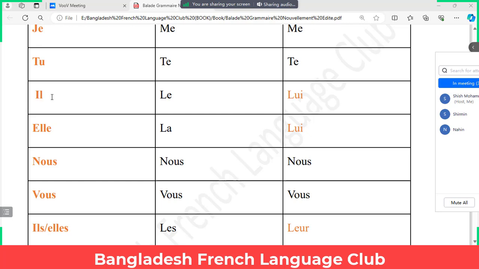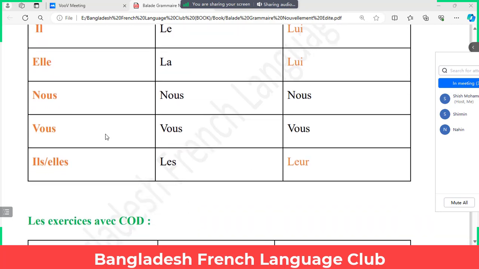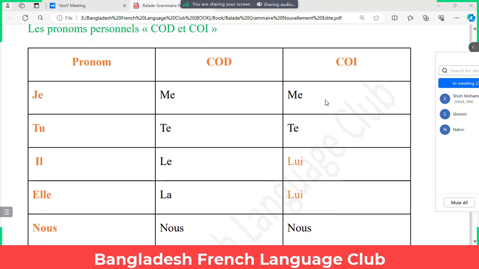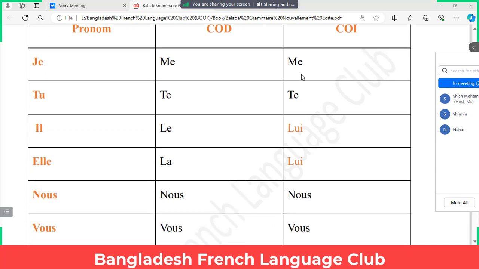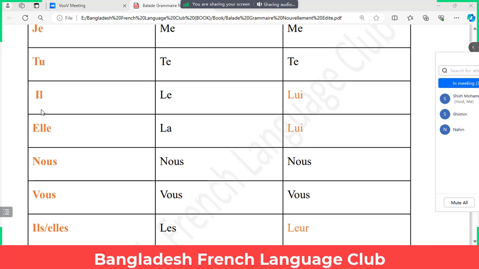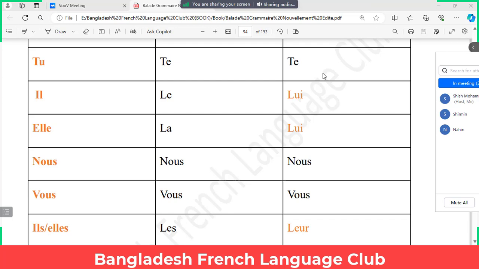So for il, it's le. For elle, it's la. Nous, nous, vous, vous, and for ils, elles, plural, it's les. And for COI, complément objet indirect, it's me, te, like this, and for il, it's lui, and elle, it's also lui. Okay, you have already seen lui, but maybe you don't know the reason.